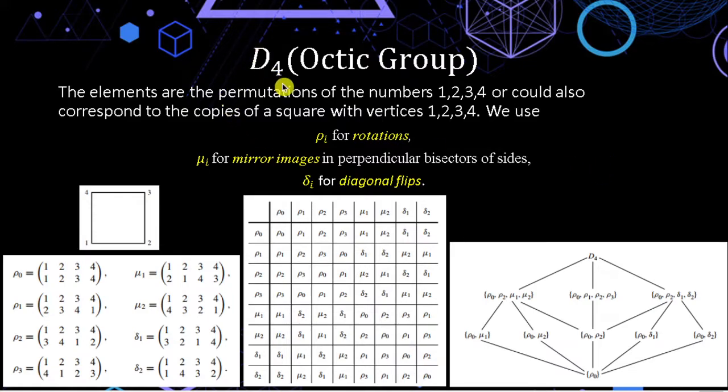D sub 4, obviously in this example, has 8 elements. But S sub 4, how many elements does it have? S sub 4. Anyone? The symmetric group S sub 4. How many elements do we have for that?